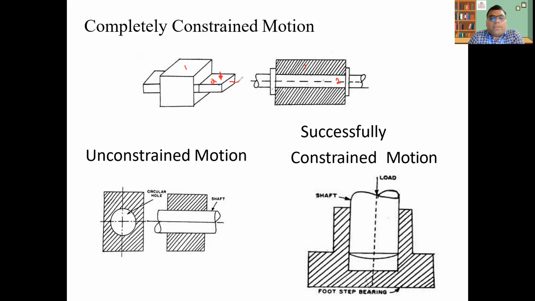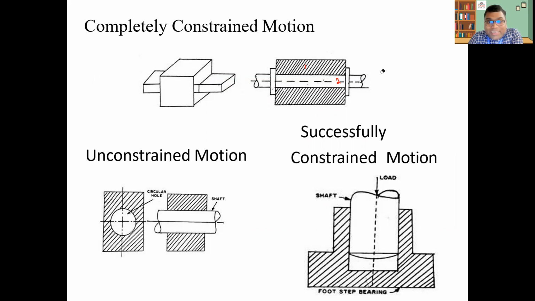When you apply the load or force along this x-axis on element 2, motion is possible. It has only one kind of motion, a definite motion, so this comes under the completely constrained motion category.